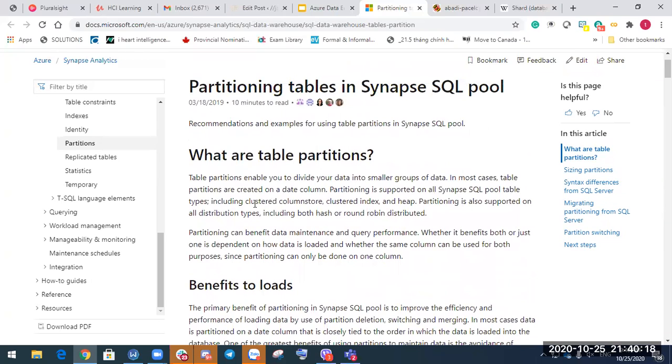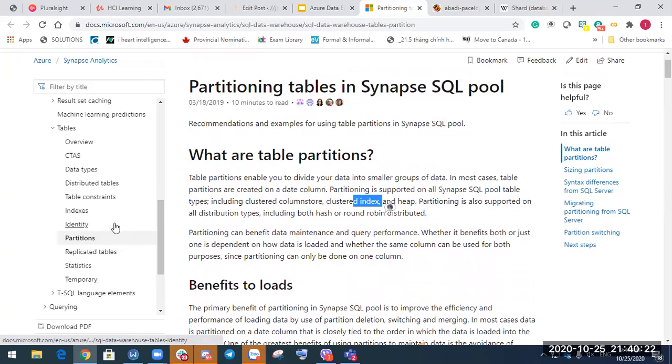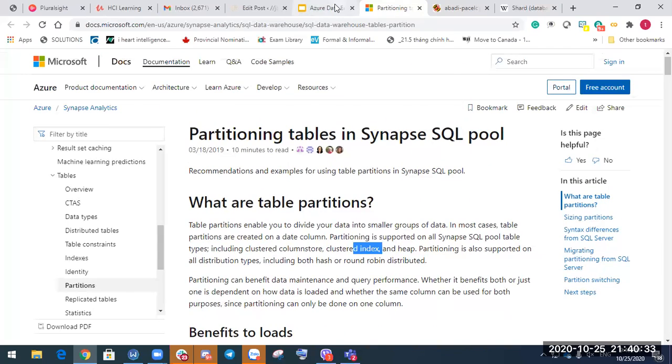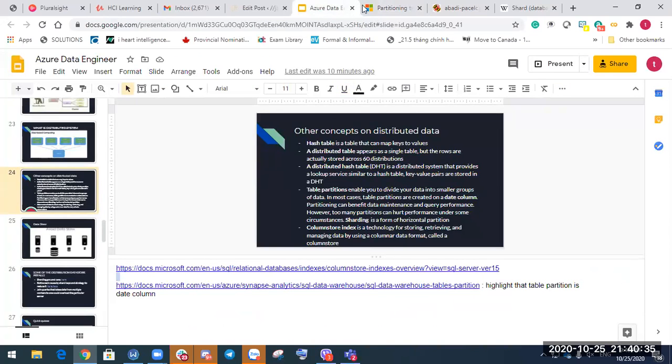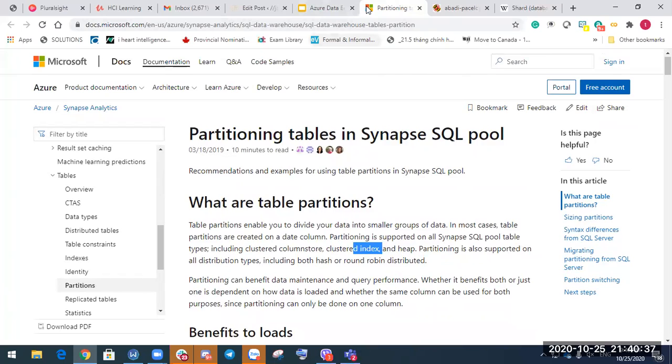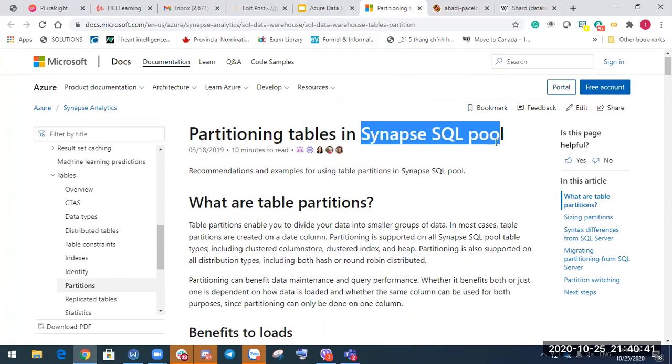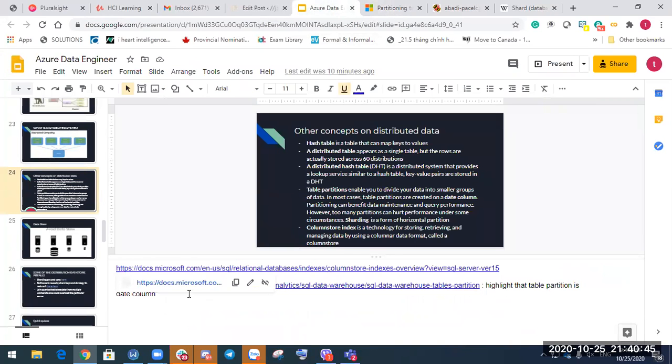So you can see clustered column store, clustered index, heap. You need to be aware of all of these when you design a database, when you query, or when you optimize a database and your application. Also, remember Synapse SQL pool, right? It is also a topic that will be tested in the exam.